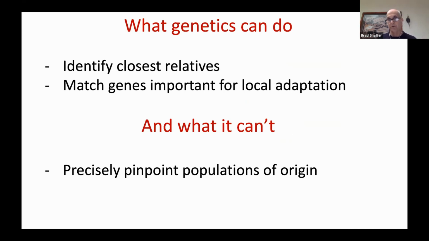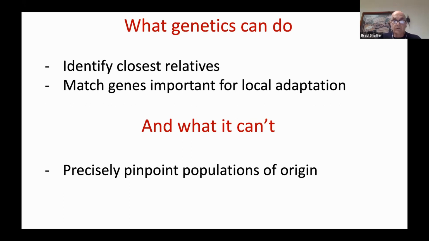For example, with diamondback terrapins, there is some evidence that there are genes that contribute to the ability to tolerate salt water. And if some areas have a greater genetic propensity to be able to do that than others, then we might be able to say, okay, well, our animal came from a population that's very salt adapted, and think about putting it back there. So there's some of those kinds of ecological issues that we can also work with.